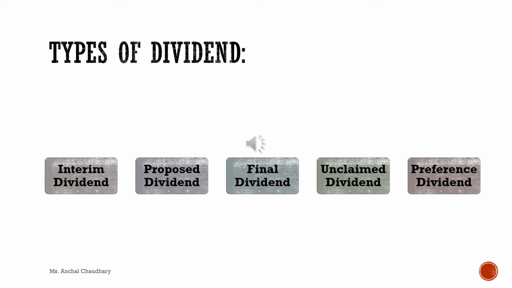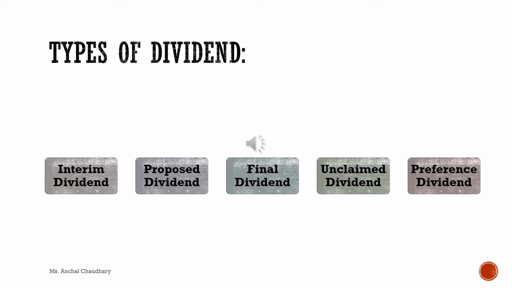Next is your unclaimed dividend. So it's a kind of dividend which has not been collected by the shareholders. If a shareholder is not collecting the amount of dividend from the company, that is unclaimed dividend. It will be considered as a liability until the amount of the dividend is collected by the shareholder.